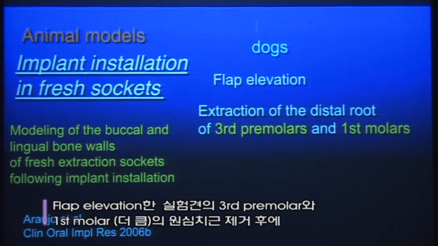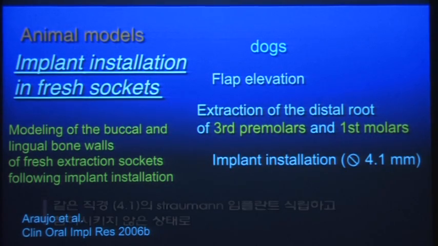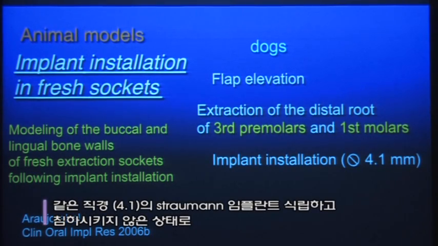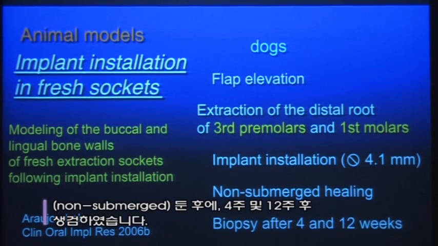We now removed the distal root of the third premolar, which is a relatively small root, and the first molar, which is a relatively big root. We use the same dimension of the implant, 4.1 millimeter in diameter, Straumann implant, allowed non-submerged healing. And then we took biopsies after 4 weeks and 12 weeks.